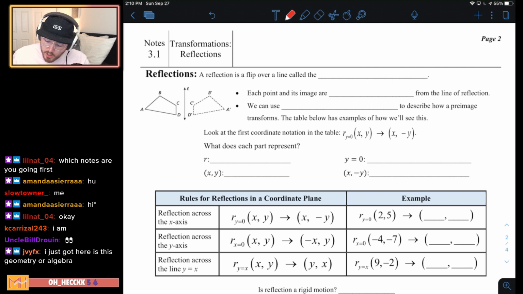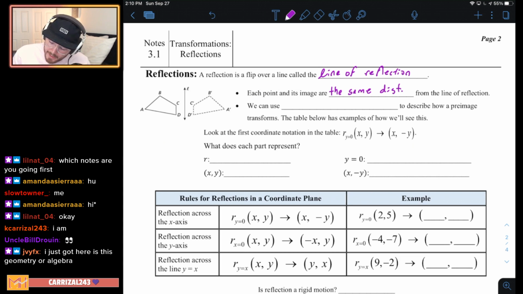Okay, so a reflection is a flip over a line called the line of reflection. No surprises there. Each point and its image are the same distance from the line of reflection.